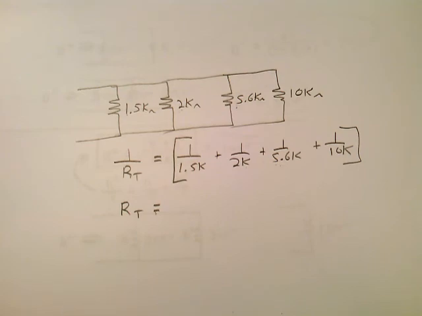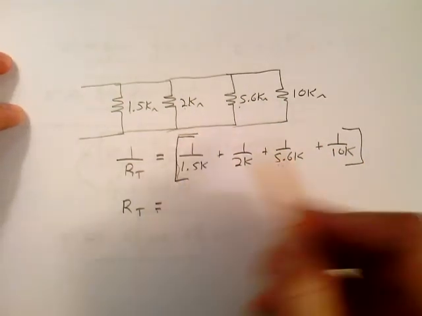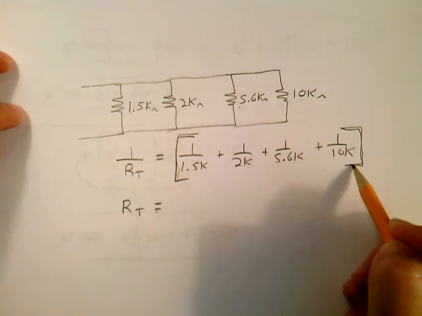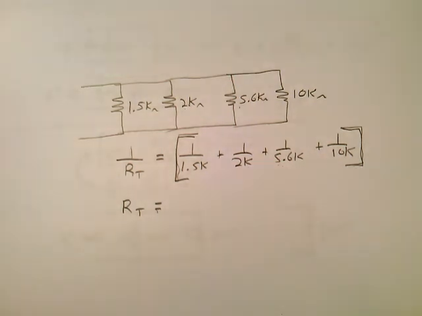Plus 5.6 times 10 to the third and invert it. Plus 10 times 10 to the third and invert it. And then I'm going to hit equals. Don't forget to hit equals so you get the total value for this. And then you just invert that.